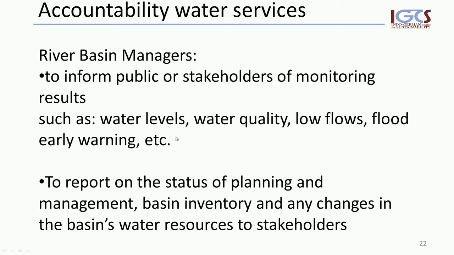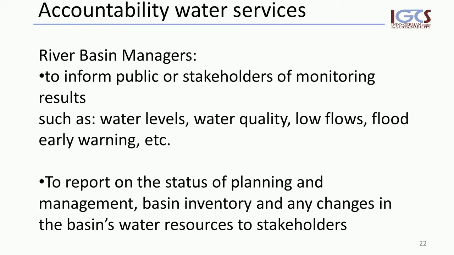Also, as part of the accountability, there should be a reporting on the status of planning and management, a report on basin inventories in terms of what is available, what type of infrastructure we have, what is working, what is not working in terms of water infrastructure, and how it affects the stakeholders.